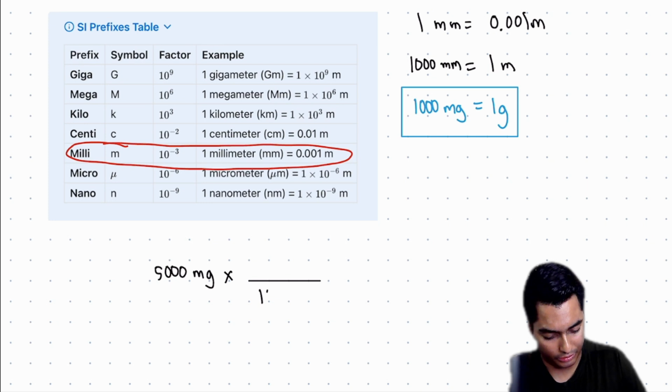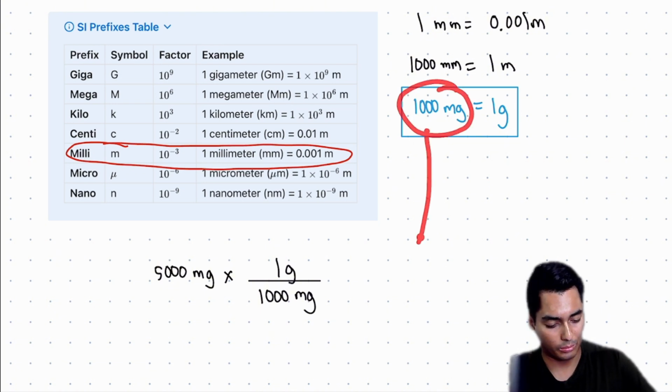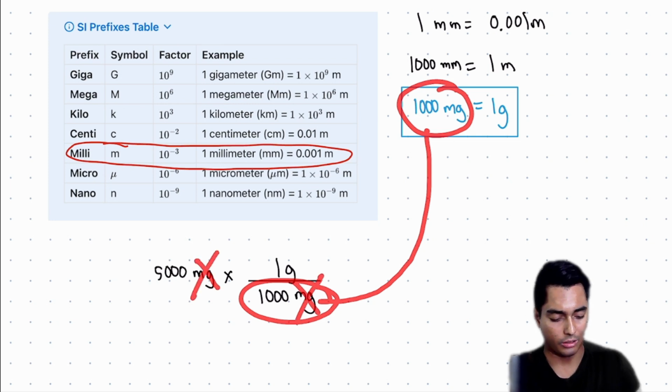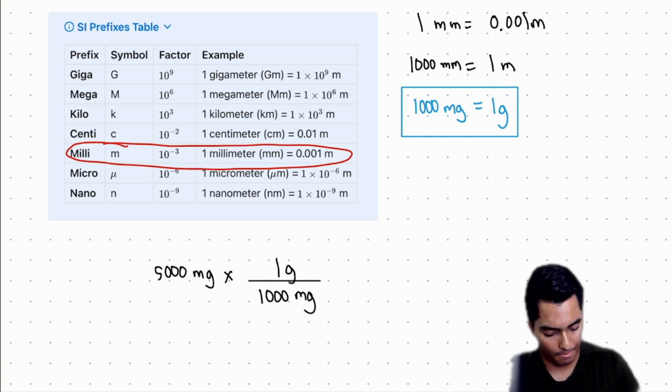I'm going to put this down here, 1,000 milligrams per 1 gram. So the reason I'm dividing this time is that we have 1,000 milligrams. That's going to go down here. That's essentially going to cancel out the milligrams from the top and bottom here. Whereas I'm going to multiply by 1 gram on top here. Okay, so cancel that out. And so namely 5,000 milligrams is going to be, well, 5,000 divided by 1,000 is 5 grams.